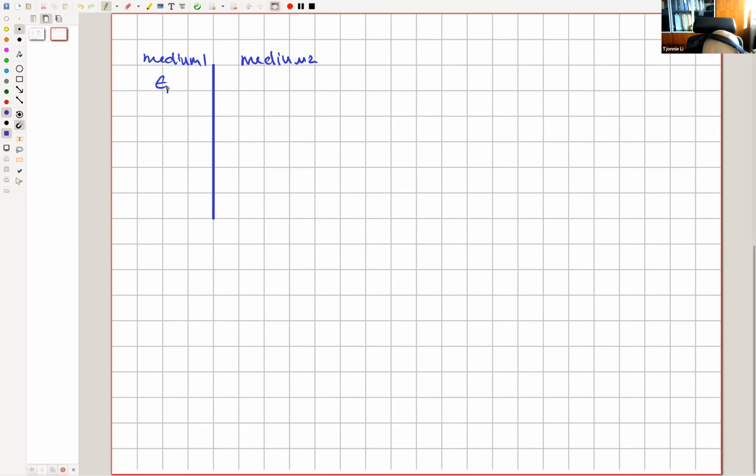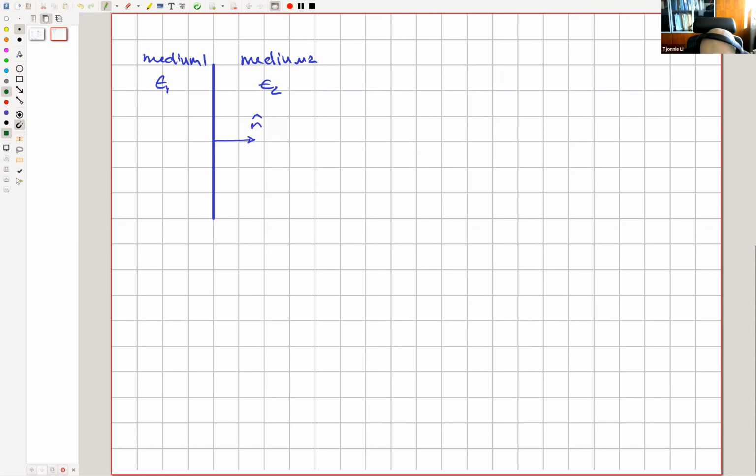This is epsilon 1 and epsilon 2 as their permittivity. That's the right word. Okay, nevertheless, that's not too important. So imagine I've got some normal, and the n hat is here.